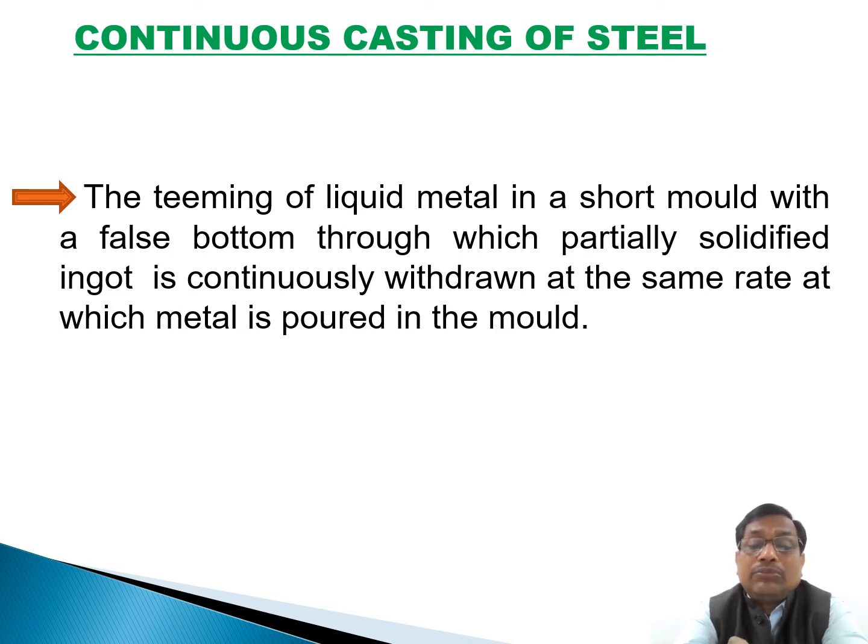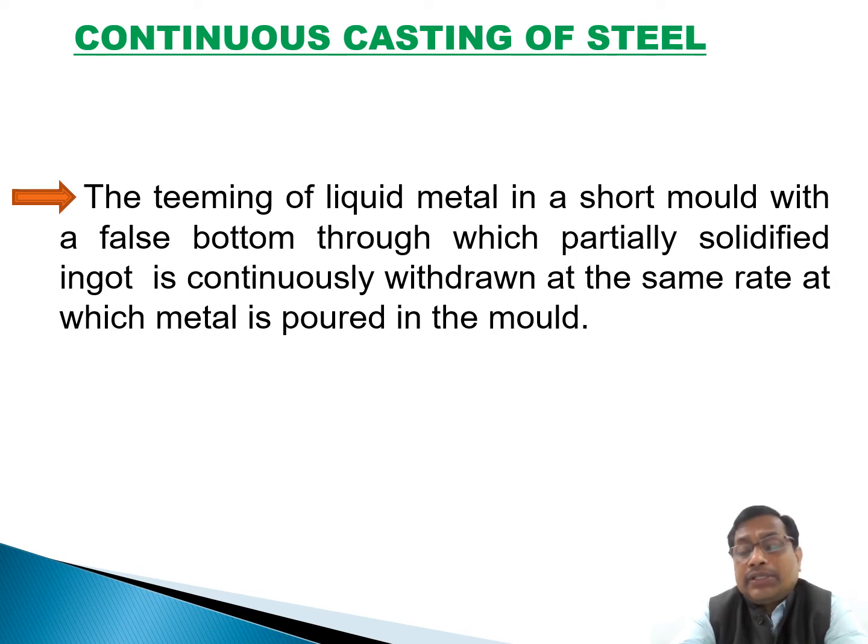Now metallurgists thought, how can we produce ingots at a faster rate? In that context, they developed the continuous casting process. So what is continuous casting? Continuous casting means taking a single short mold with a false bottom.